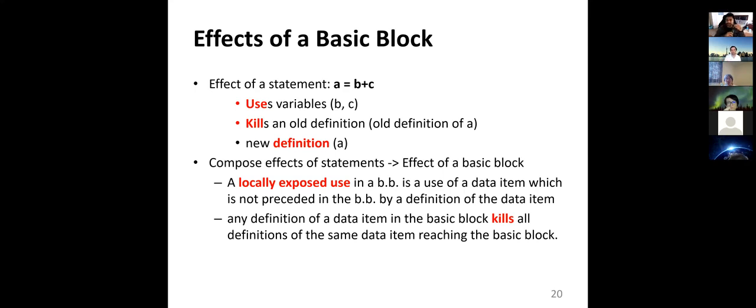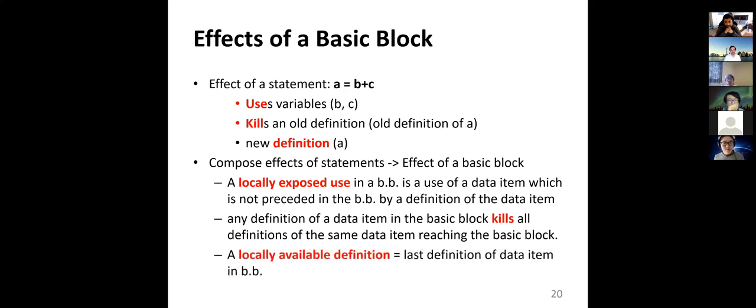Everything else is killed within the basic block. It doesn't mean that those definitions are useless, because within the basic block they can be consumed as intermediate values. But overall, those values will not be visible outside of the basic block.